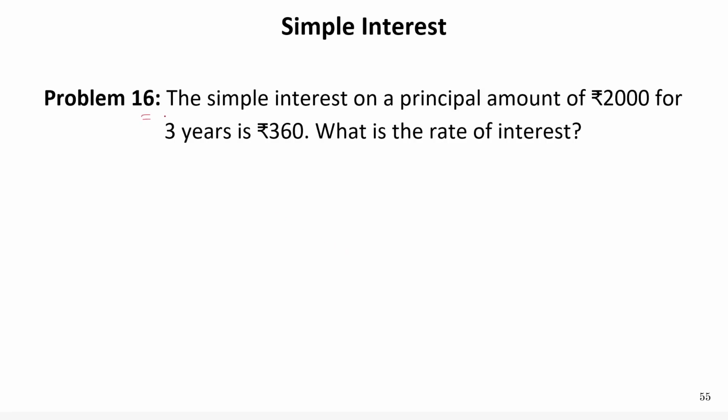So let's see problem number 16. A simple interest on a principal amount of 2000 for 3 years is 360. What is the rate of interest? So SI is equal to PRT by 100. So R is equal to 100 into SI by PT.